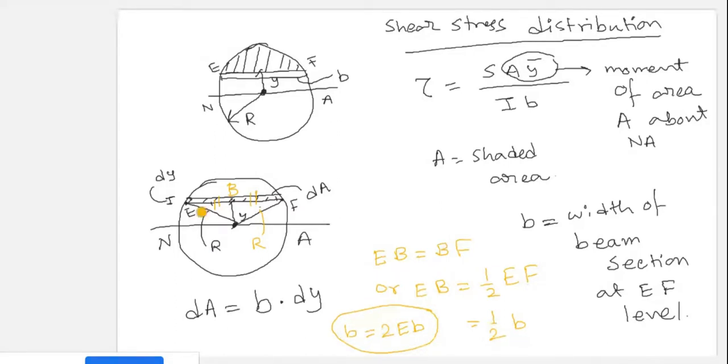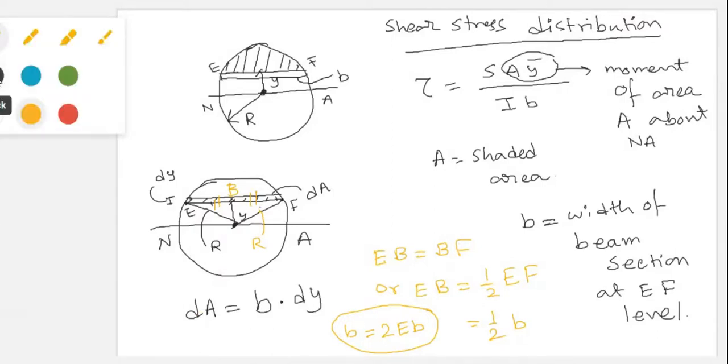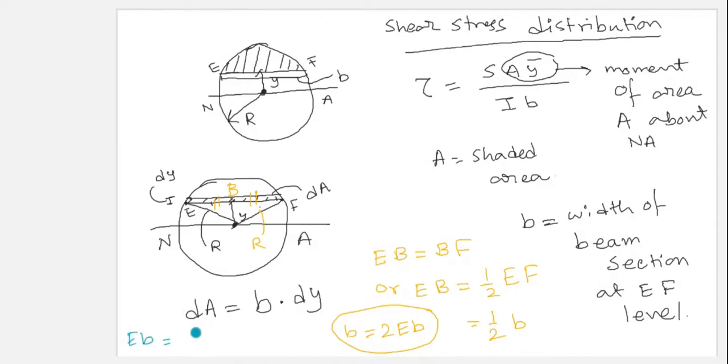Now, how can we find this EB? What will be EB? Anyone? Using Pythagoras theorem. Yes. Can you tell me the expression? Square root of R square minus y square.